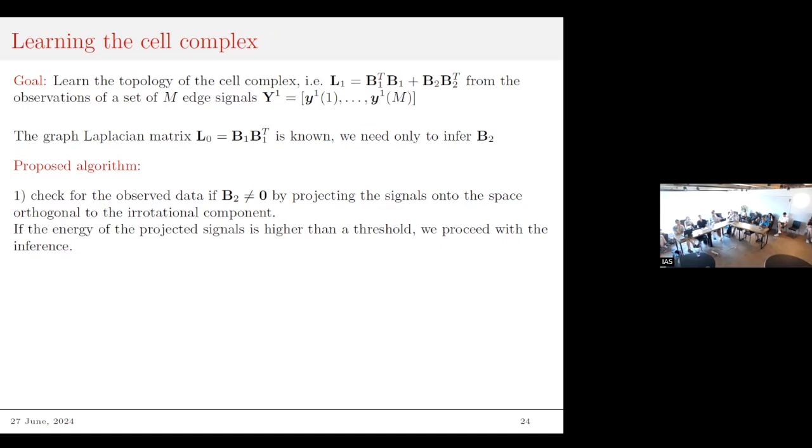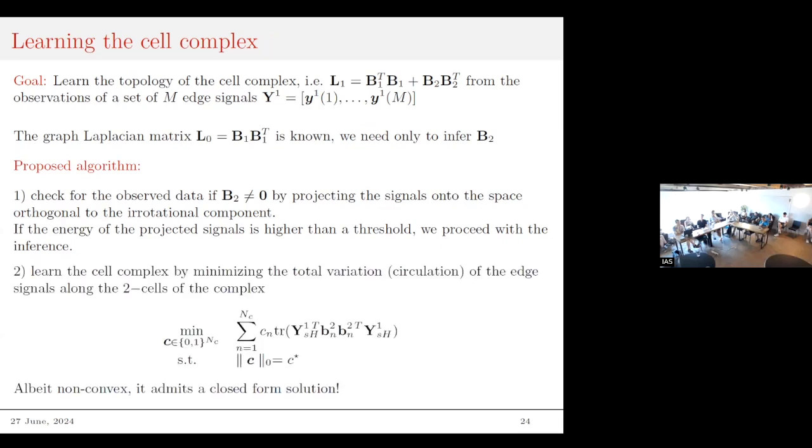Then the first step to learn the topology is to check if we need to infer the presence of the cells. The second step is, if this energy is important, we need to learn the cell complex topology. We use this simple algorithm that is based on the minimization of the total variation.